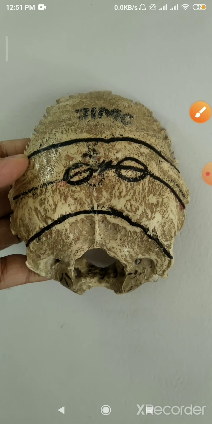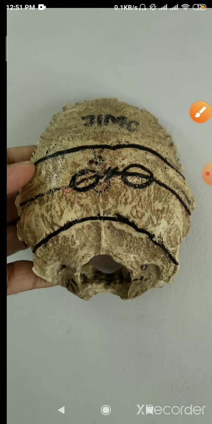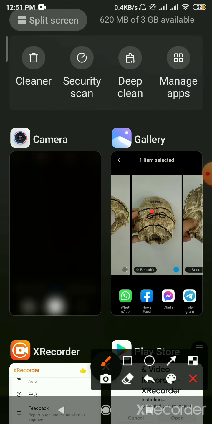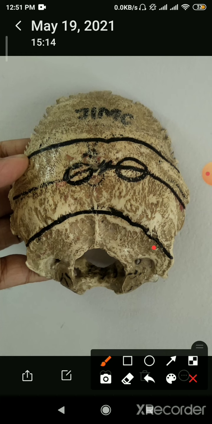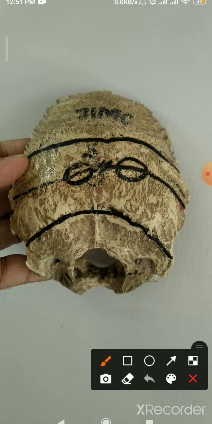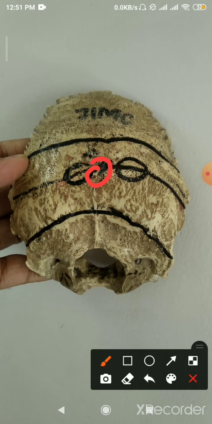And you will find a crest-like structure from the external occipital protuberance up to the foramen magnum.